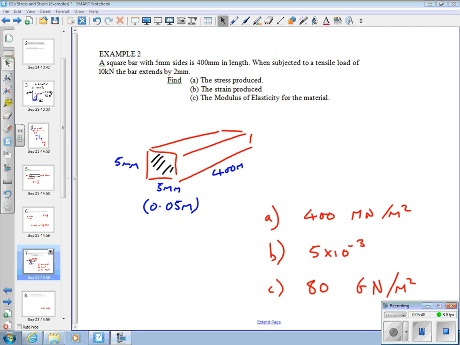Should I even say 0.005? I'm not on very good form today, am I? 0.005. Thank you, save my bacon again. Or, of course, 5 times 10 to the minus 3.